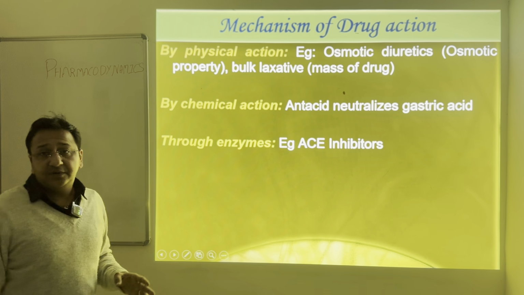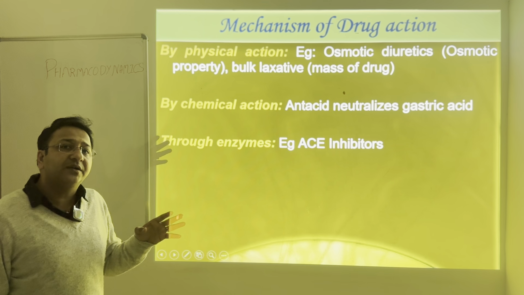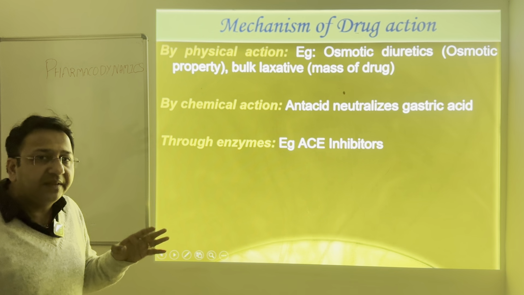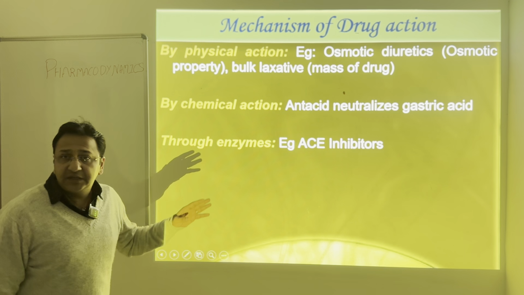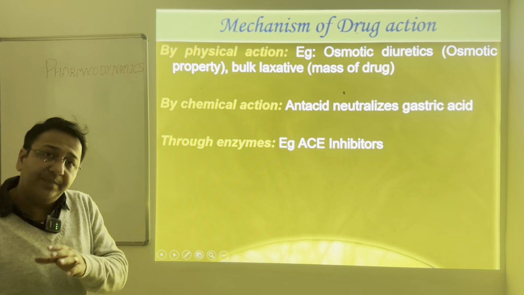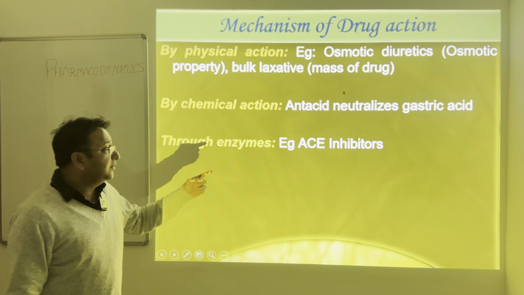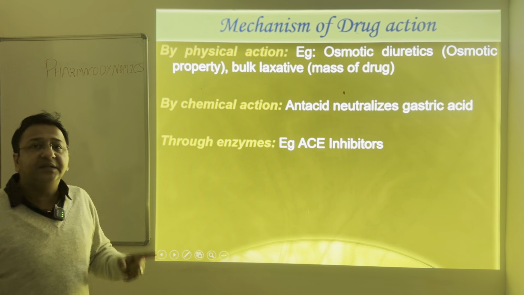Through enzymes is very important, because various drugs act by inhibiting or stimulating enzymes. One is the RAS pathway, the renin-angiotensin system pathway in hypertension. We have seen in hypertension there was an enzyme called ACE, angiotensin converting enzyme.